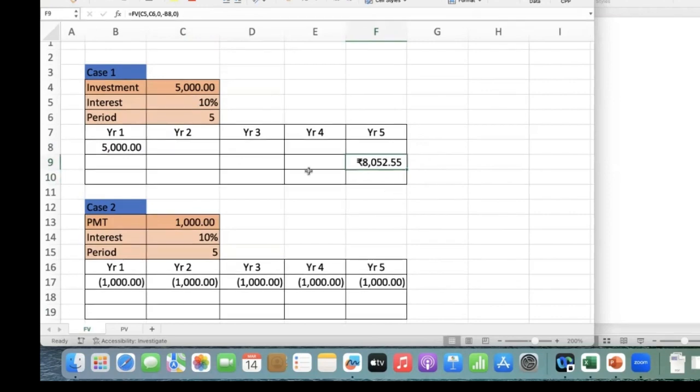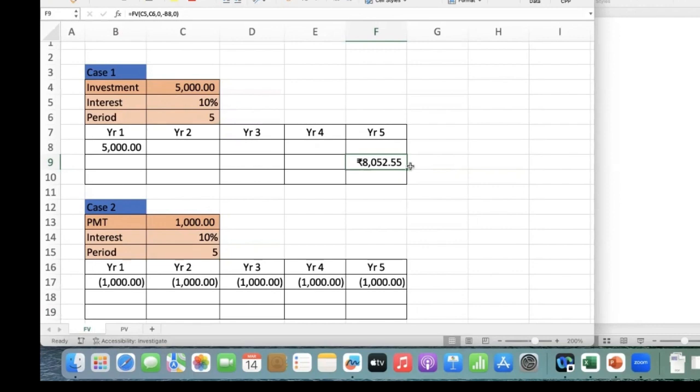This means that if I invest 5,000 rupees today, after 5 years, considering rate of interest, inflation, and other things at 10%, I should expect 8,052 at the end of 5 years. This concept has a lot of applications, very practical applications.